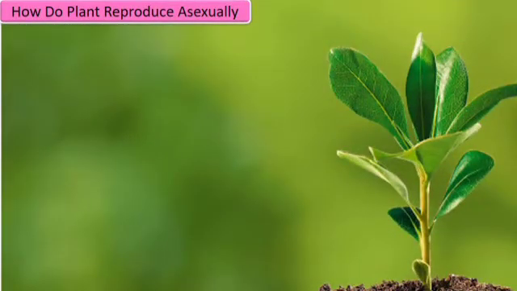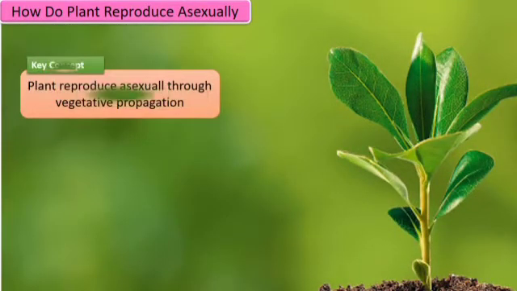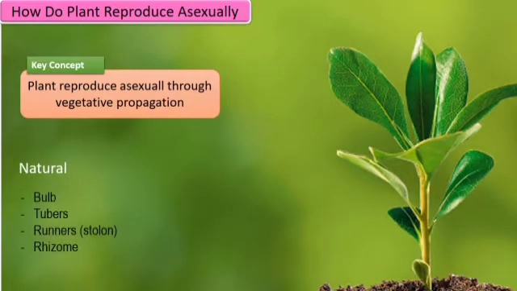How do plants reproduce asexually? We can know from the concept. Plants reproduce asexually through vegetative propagation. In vegetative propagation, the new plant is made by multiplication or cloning from the vegetative part of the original plant, such as the leaf, stem, and root.